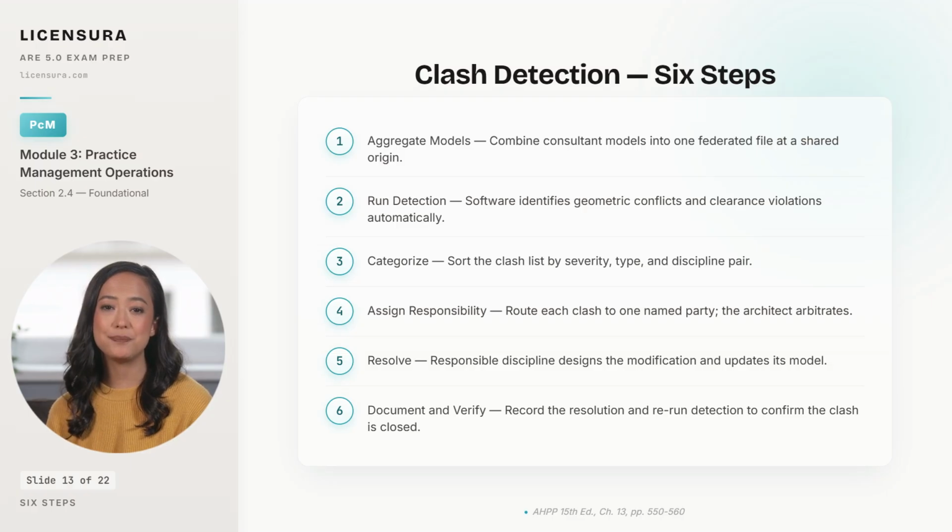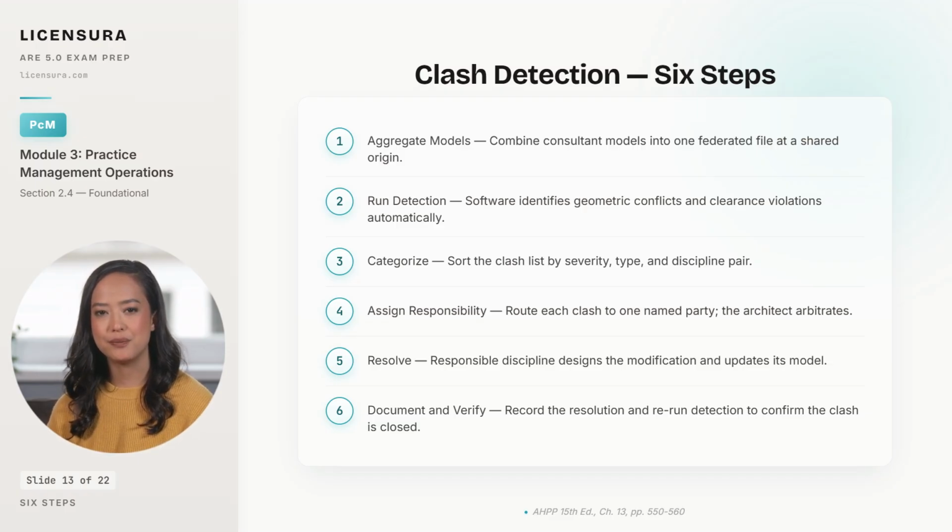Categorize third, because nobody can act on an undifferentiated list of 3,000 clashes. The team sorts by severity, by clash type, and by which 2 disciplines are intersecting. Assign responsibility fourth. Every clash routes to one named party with the project architect arbitrating disputes. Resolve fifth.